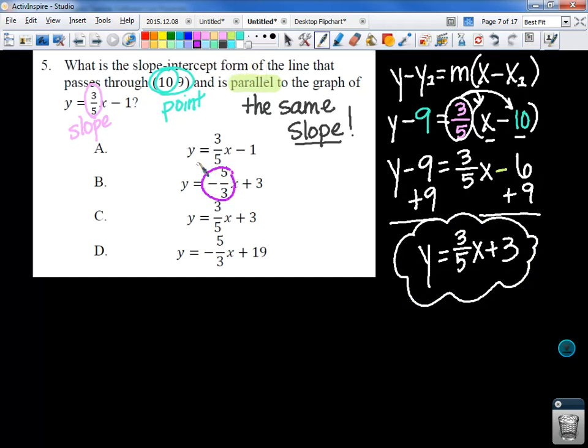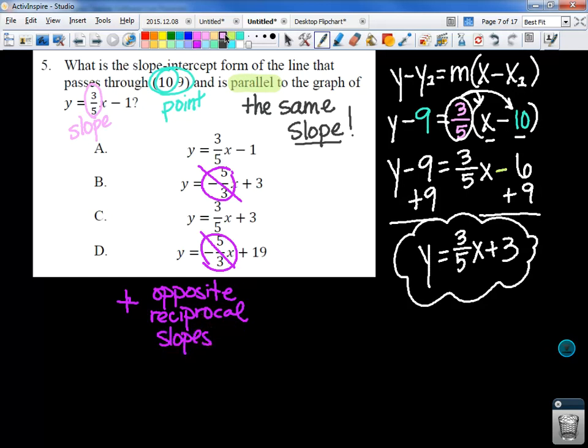And then, of course, I'm going to look for that as an answer choice. 5/3 x. No, that wouldn't be parallel. That would be perpendicular. Negative 5/3 x. Nope, that wouldn't be parallel. That would be perpendicular, because perpendicular lines have opposite reciprocal slopes.